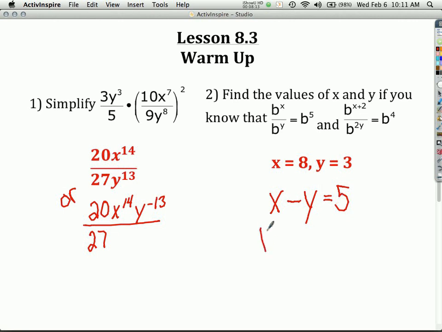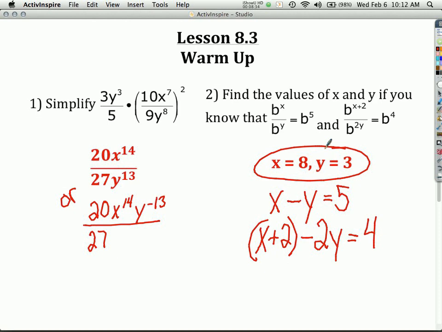X plus 2 minus 2y must equal 4. That is a system of equations. Solve the system, and when you solve the system, you get that.